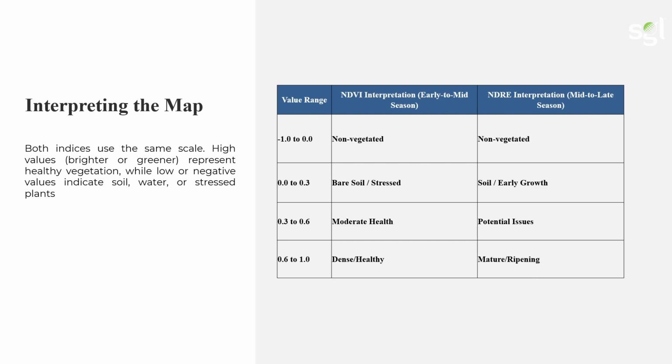For 0.6 to 1, NDVI is telling you your plant is okay or the vegetation is dense. If it's a forest area, when you get 0.6 to 1, it's showing you, oh, this is a dense vegetation area. While for NDRE, on the farmland, it's telling you, oh, your plants are growing well and they are ready to be harvested.